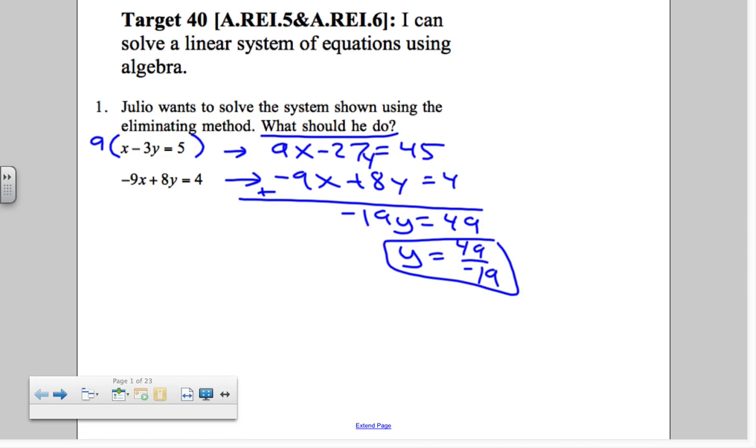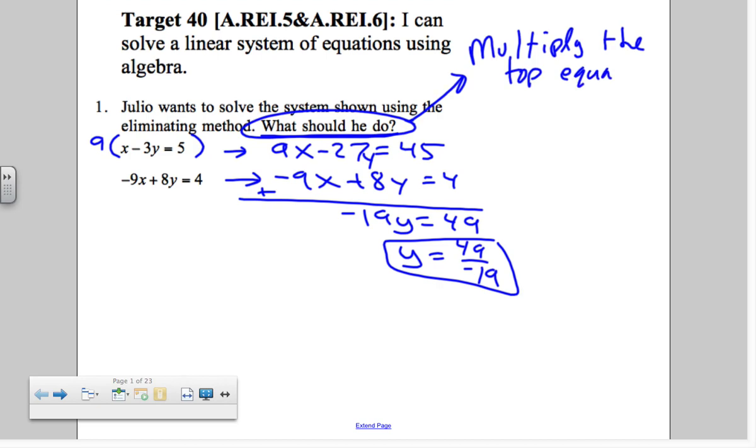Okay, so what I would be looking for here for an answer to this is just to explain that. He should multiply the top equation by 9 and add it to the second equation.